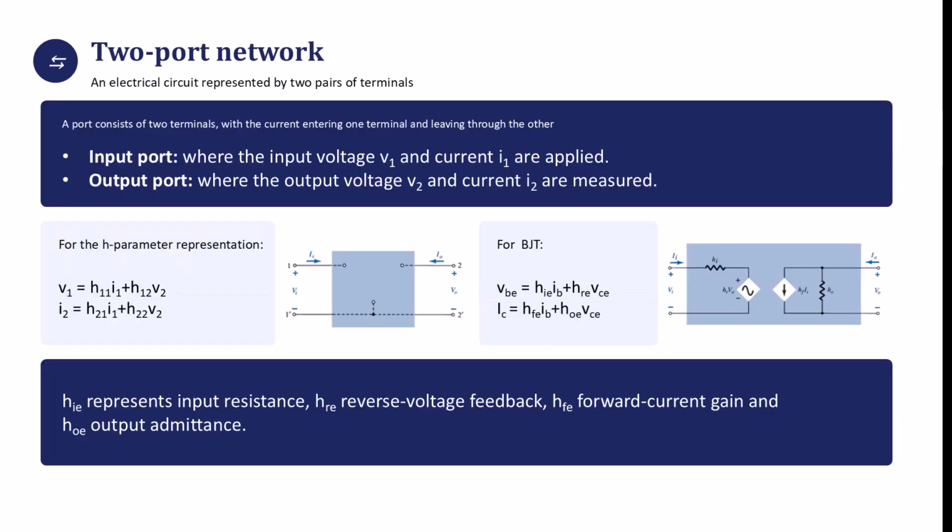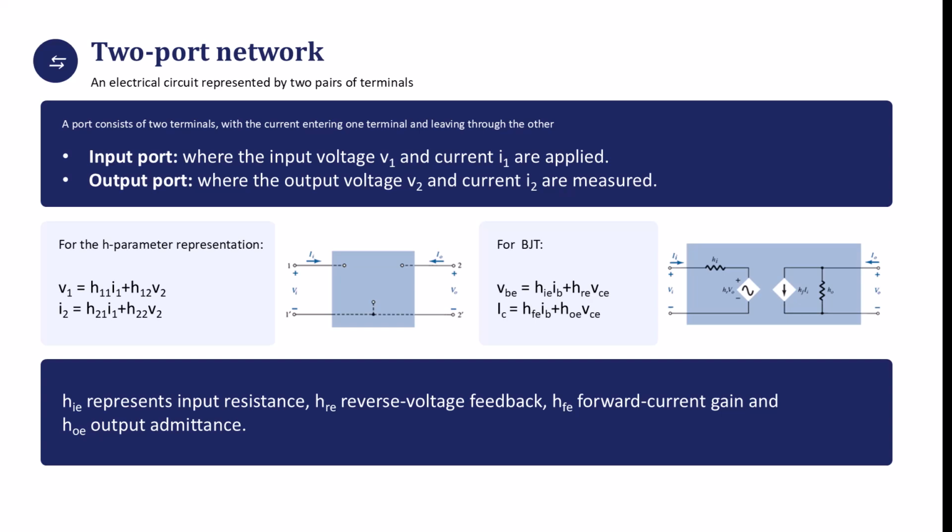A two-port network is an electrical circuit represented by two pairs of terminals or ports. A port consists of two terminals with current entering one terminal and leaving through the other. The input port is where the input voltage V1 and current I1 are applied.